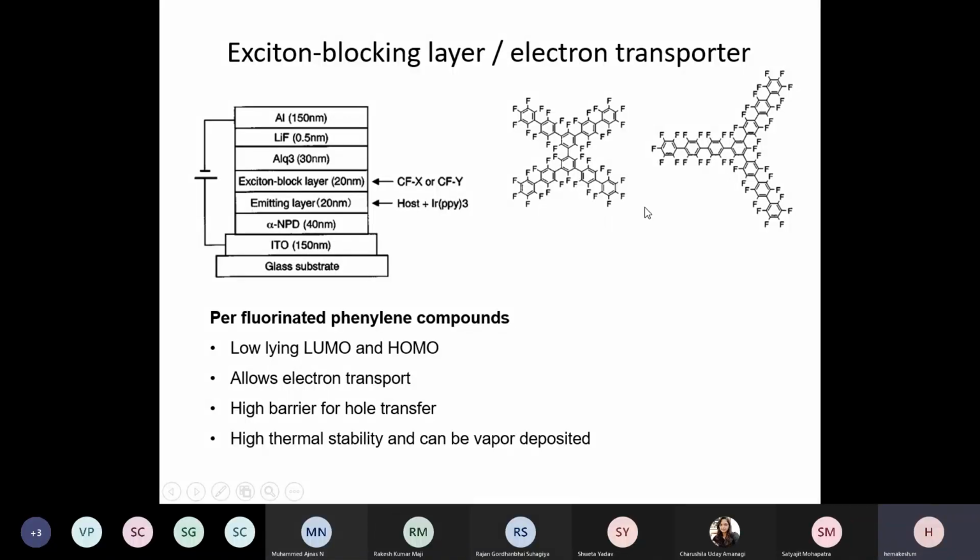Also, these kind of molecules can be vapor deposited and are reasonably thermally stable. So that is an added advantage to these kind of molecules. The aluminum complex also does a little bit of that.